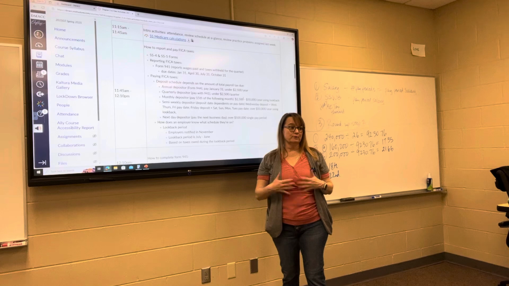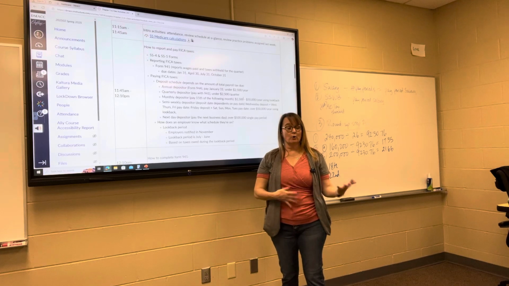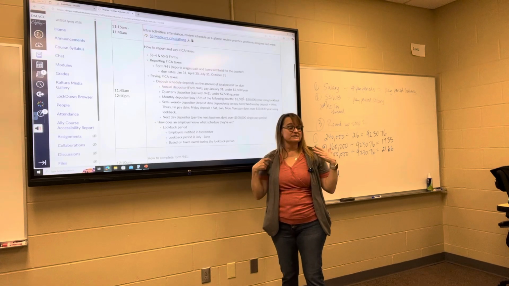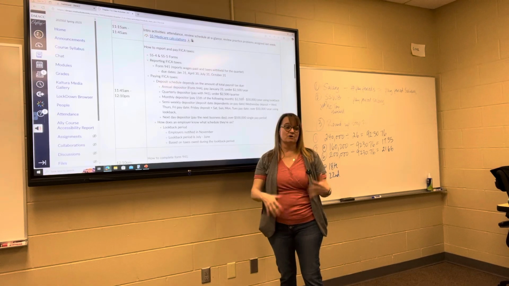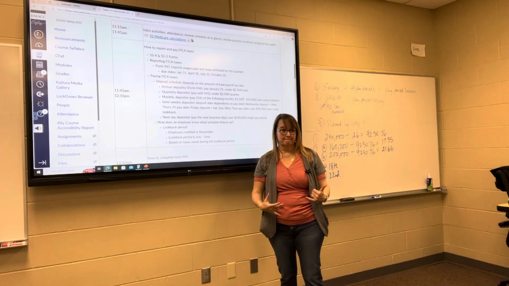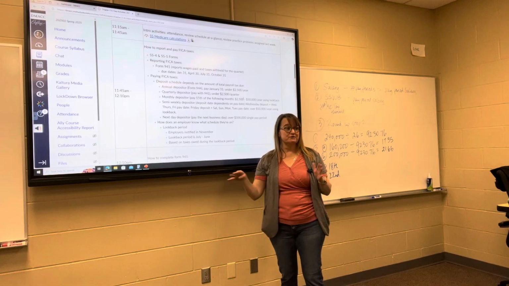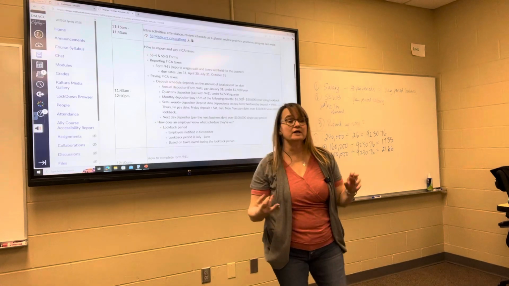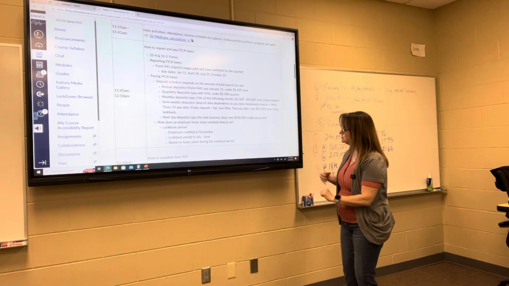There are certain reports that have to be filled out on a quarterly basis, and then these deposits have to be made on a timely basis, and the scheduling for those deposits depends on how much is withheld. There are several different deposit schedules, so we're going to go through those deposit schedules and the reporting schedules.